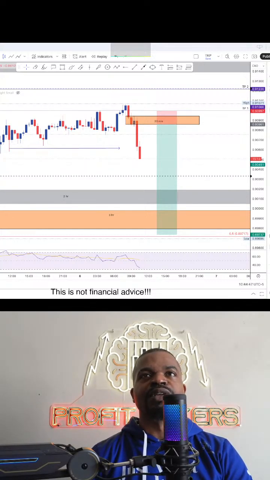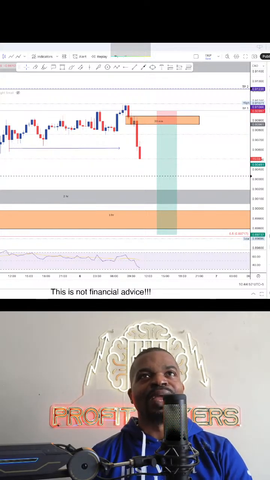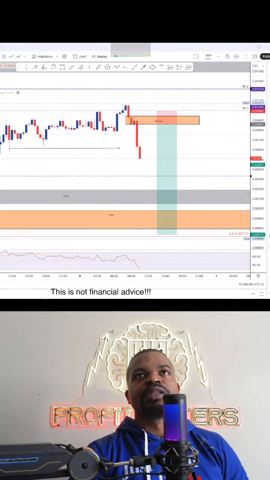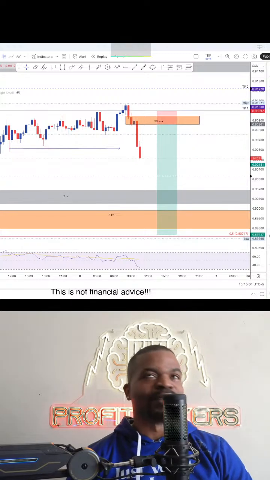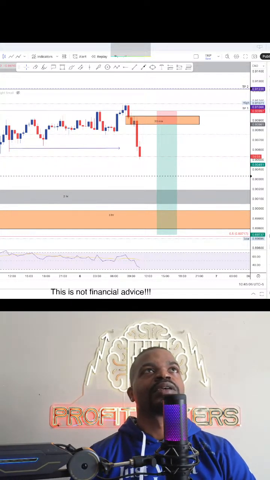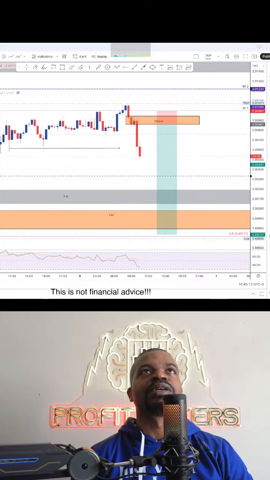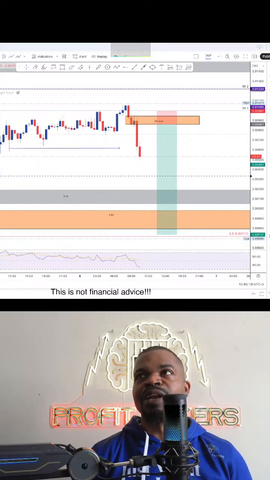So the entry price for this sell limit order is 0.90866, and our stop loss is going to be, let's put it above those highs right there. Stop loss is 0.90995.